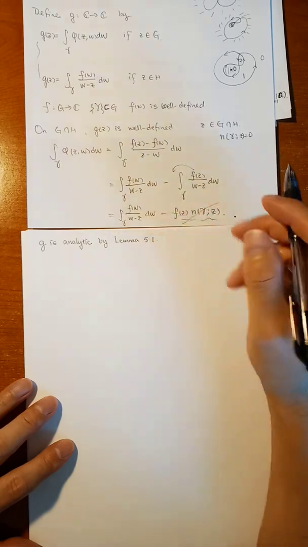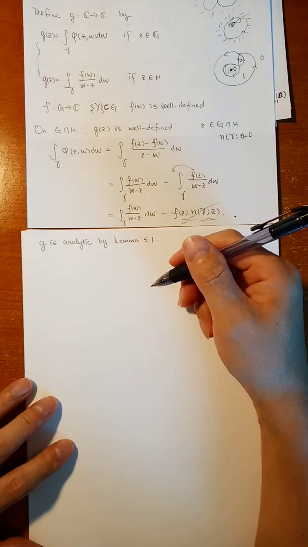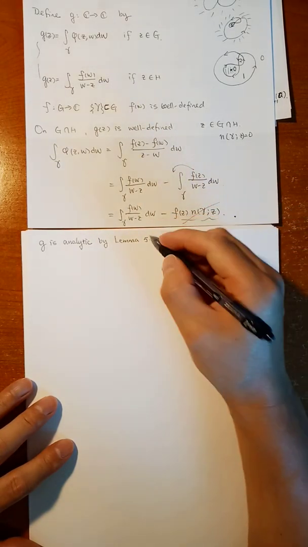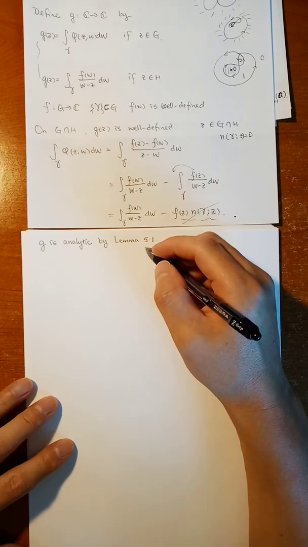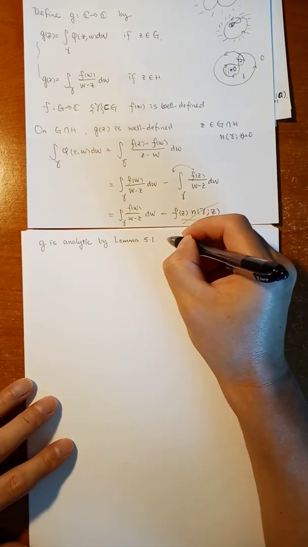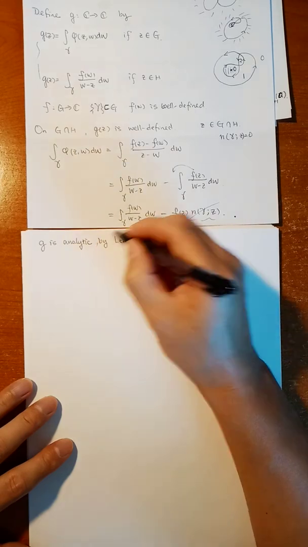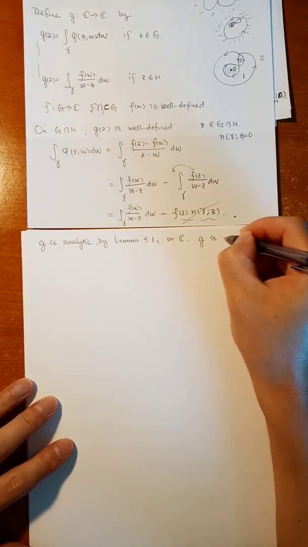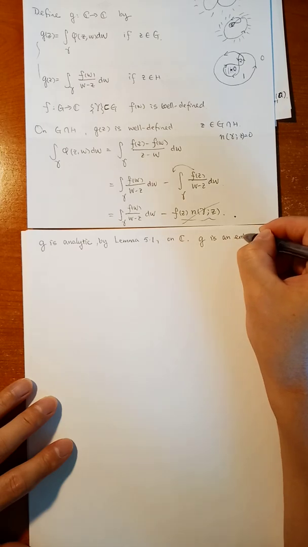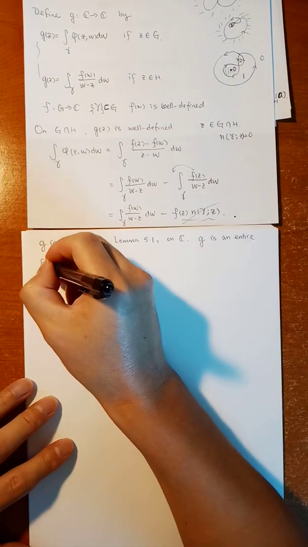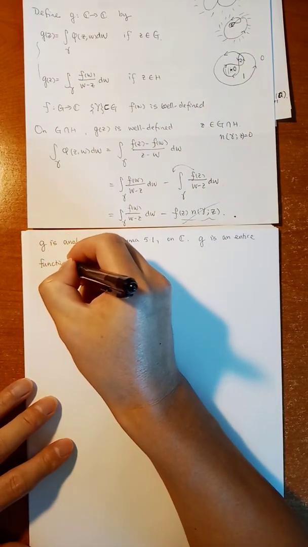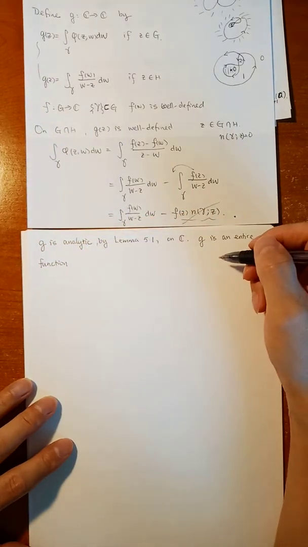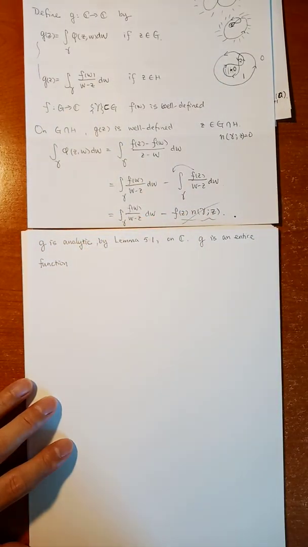Analyticity is defined over each part. All right, so g is analytic on C, so g is entire. g is the entire function.